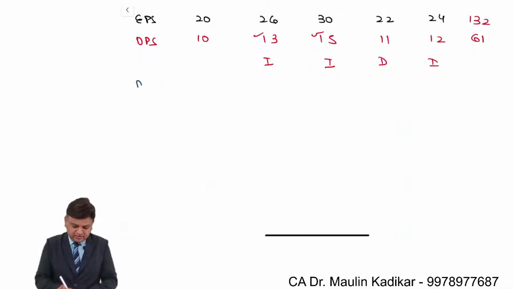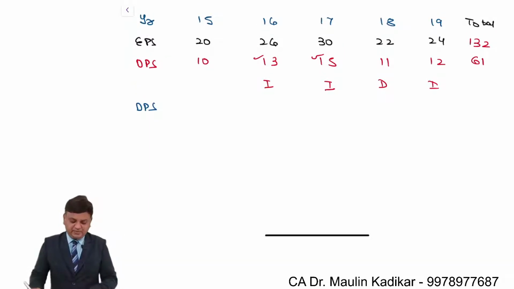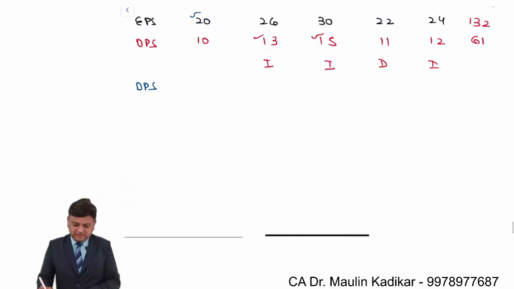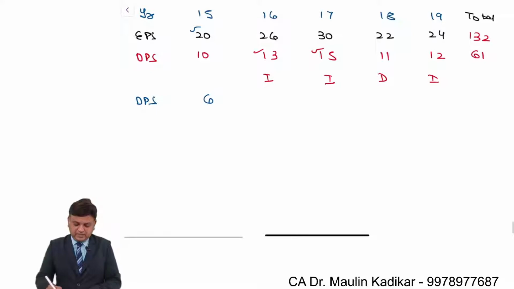Now I am having some other recommendation. Dividend per share in the year 2015 is, listen to me carefully, 6 rupees. In the year 2016 it is 8 rupees. 2017 it is 9 rupees. 2018 it is again 9 rupees. 2019 it is an amount of rupees 10.